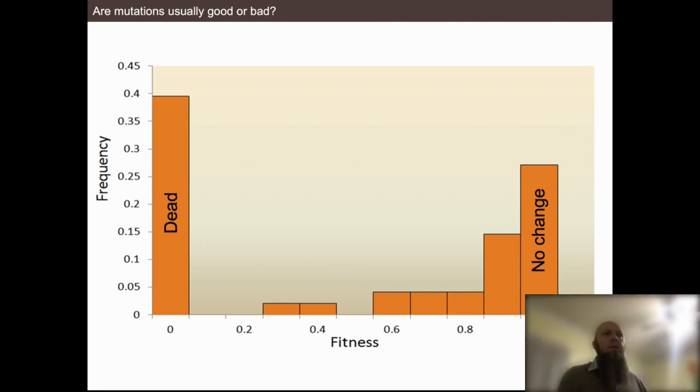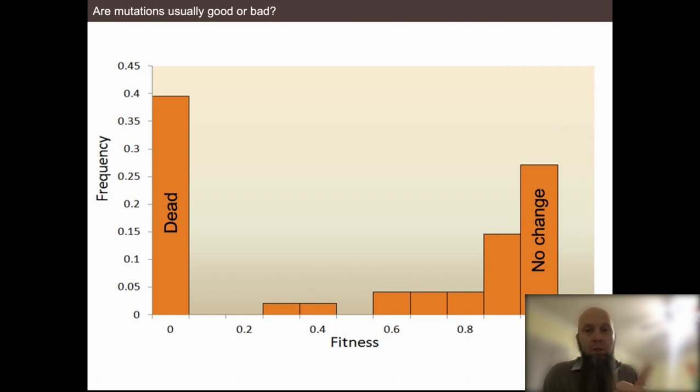So it makes you wonder, how are we relying in our exploration of evolutionary change on mutations to create beneficial traits that can be selected upon as the population changes?